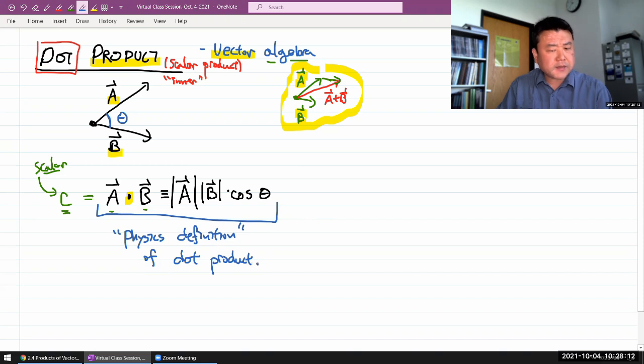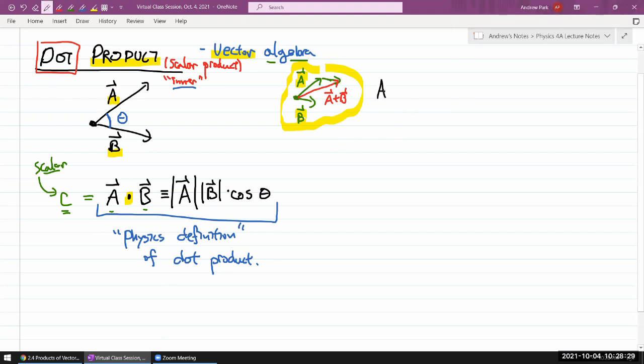And if you have taken math classes where they do cover something like a dot product, or maybe an inner product, you might have seen a different definition. I remember in my math classes, I've seen this. If you have A vector dot product with B, then the dot product was the sum of the products of the components.